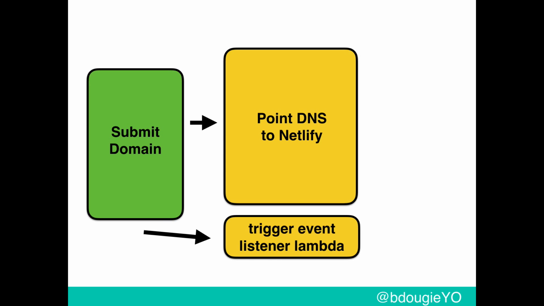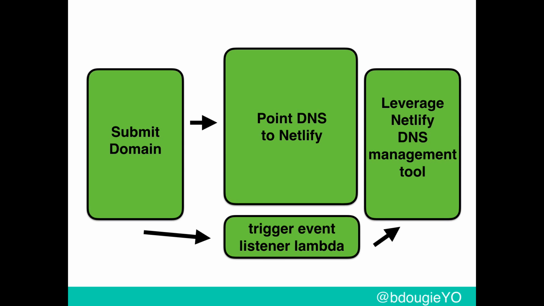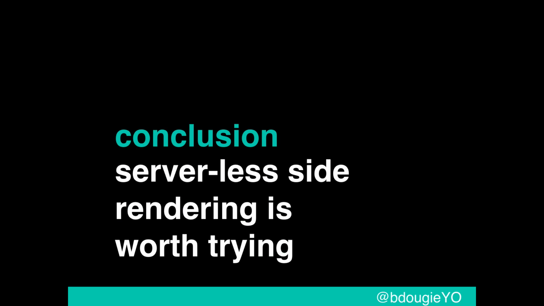So we created a whole Lambda function that lives inside of our project. Once you submit your domain, it triggers Lambda to do that checking for you throughout the day. If it takes up to 24 hours, 40 hours, whatever it is, we'll notify you and say, hey, your DNS is okay. Now you can use all these features, and now you can use Netlify.